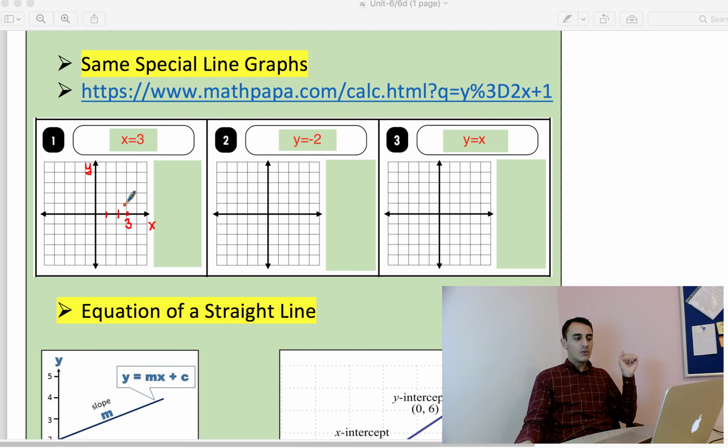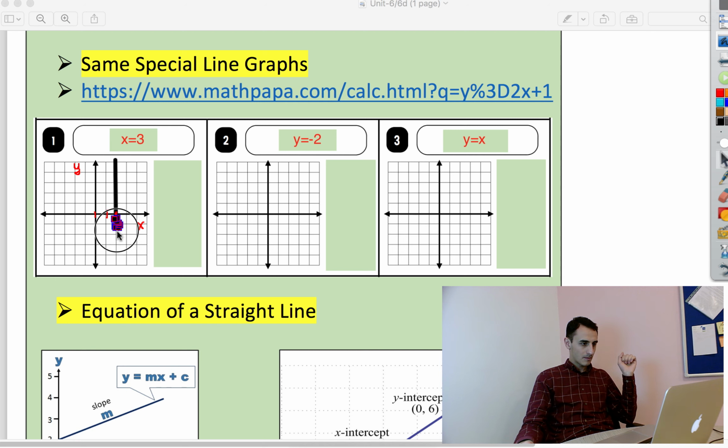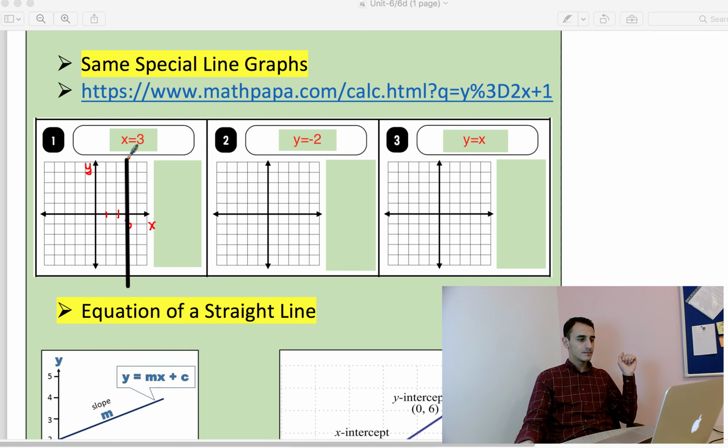So the one way, only one way is that. You see, this line represents this equation, x is equal to 3.